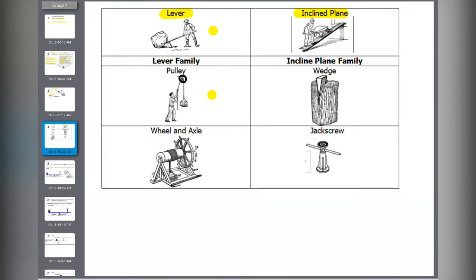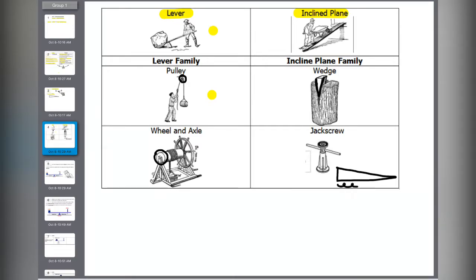As I said, there is a turning point, the fulcrum. Wheel and axles have turning points. Okay, and then in general, you would have an inclined plane. An inclined plane is the slope. A wedge is also an example of the inclined plane family. Jack screw. The reason a screw is in the inclined plane family, I know it has a fulcrum too, but the key thing is the slope.